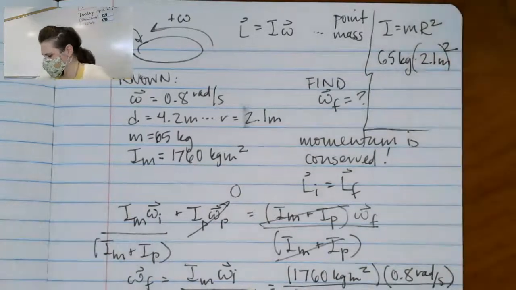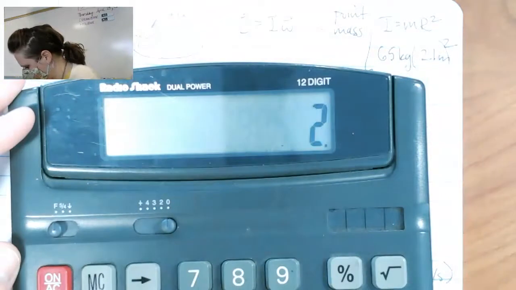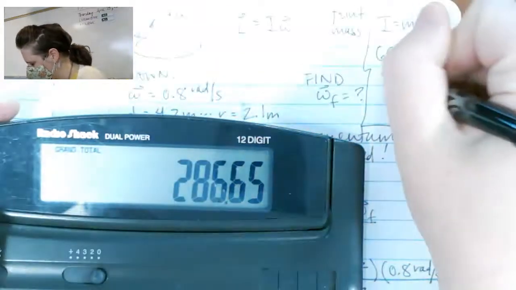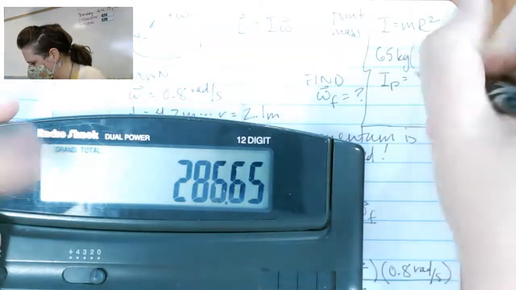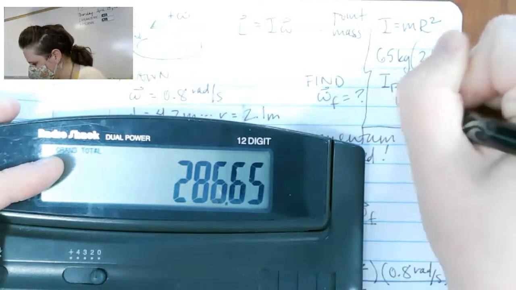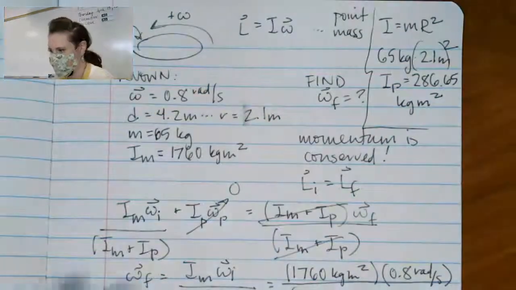So I need a calculator. Here we go. 65 times 2.1 times 2.1. So this says that the moment of inertia for one person is 286.65 kilogram meters squared. Okay, sorry, that super washed out my camera.